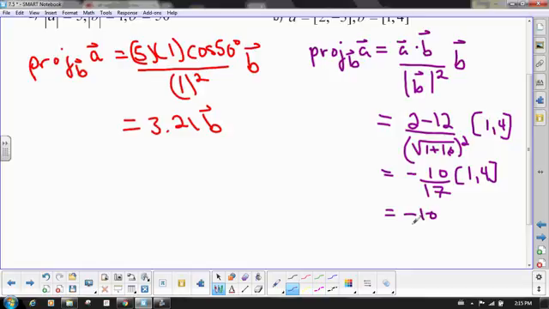That becomes -10 over 17, -40 over 17. So the result is a vector that is a multiple of vector B. That's always going to happen with projections. Whatever vector you're projecting on, that is the vector you're determining the multiple of.